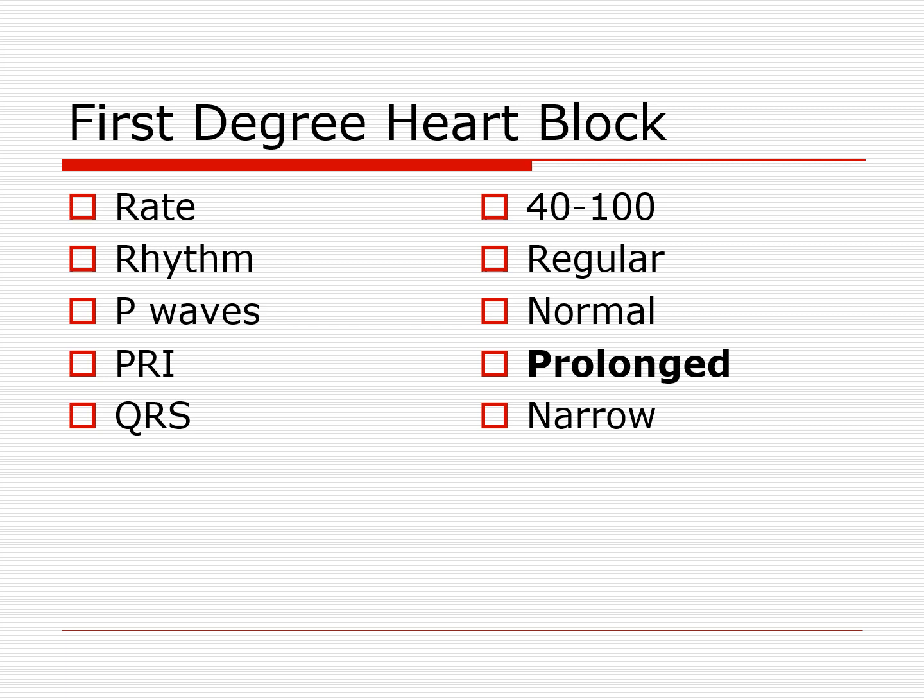Our QRS is normal. This is truly more of a delay than a true block, usually a minor AV conduction defect. The P's are always related to a QRS. However, you want to notify the physician if you notice the PR interval is lengthening.